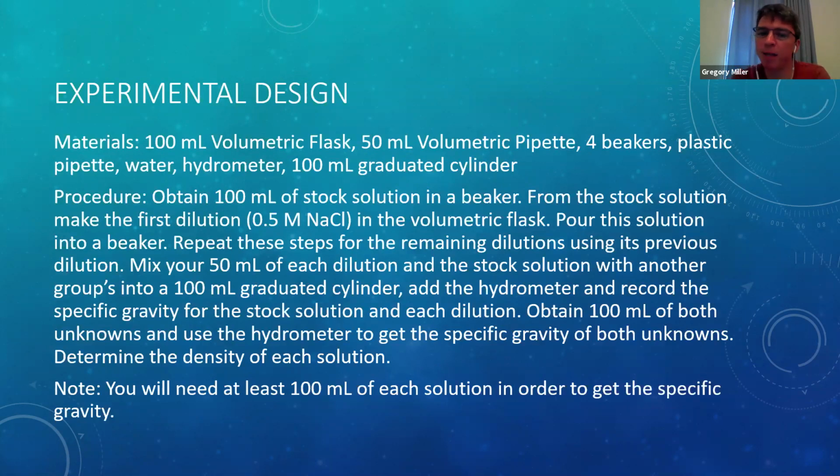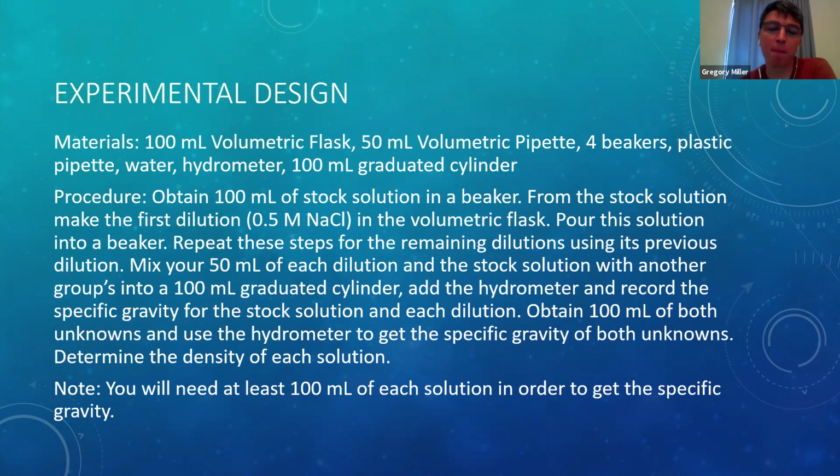So dump that into a beaker, take 50 milliliters from that beaker into a volumetric flask, fill it up. That's your 0.25 molar solution. Dump that, take 50 milliliters of that one into another volumetric flask. Fill that up to make the 0.125 molar solution.